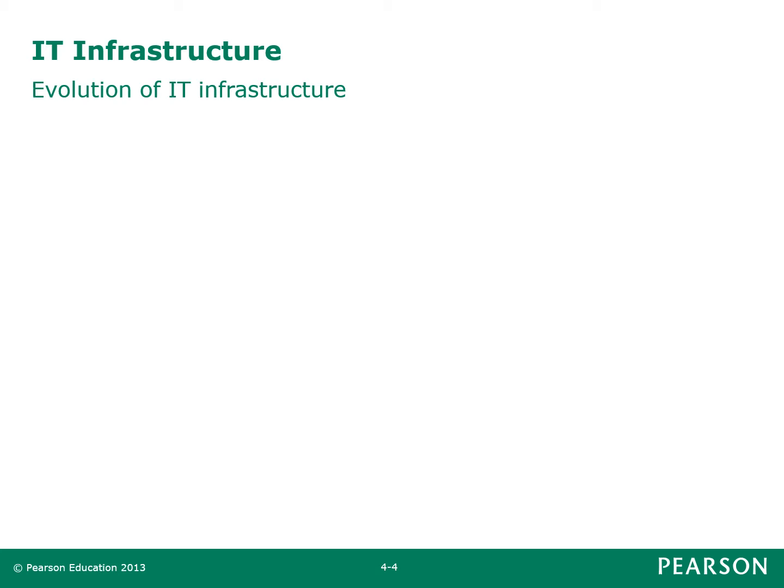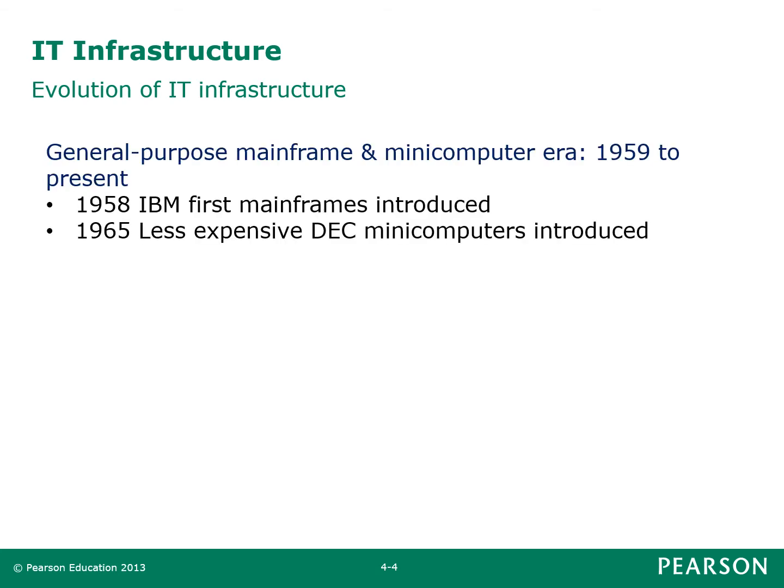The 5 eras are the general purpose mainframe, that's the mainframe era, and minicomputer. And the second era is client server architecture or client server network. And the third era is enterprise computing, followed by cloud and mobile computing.